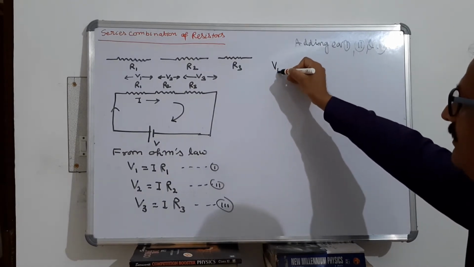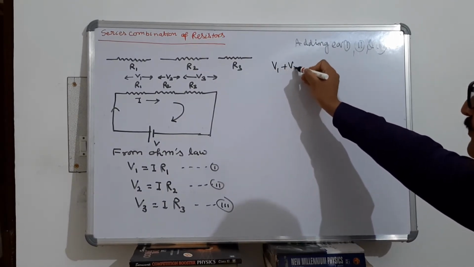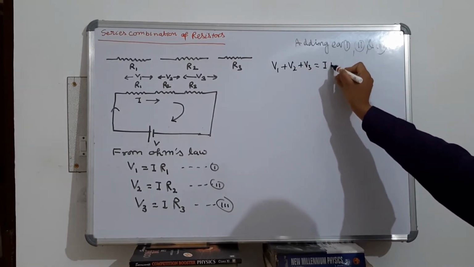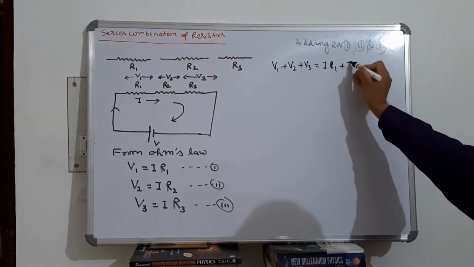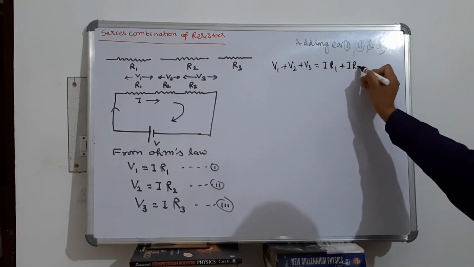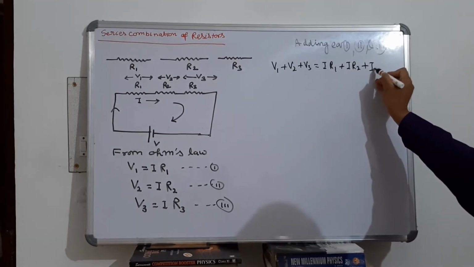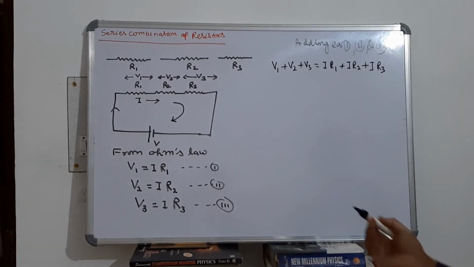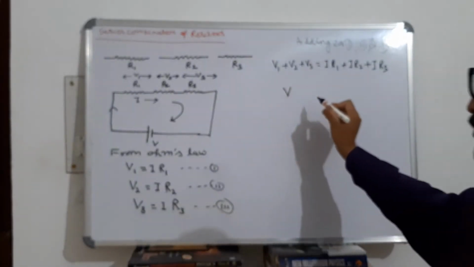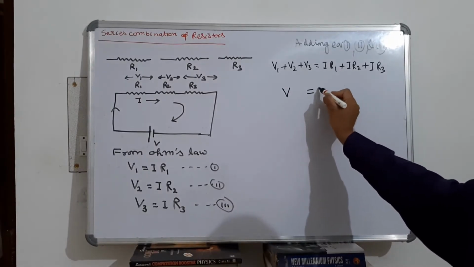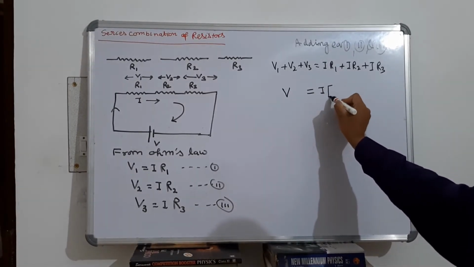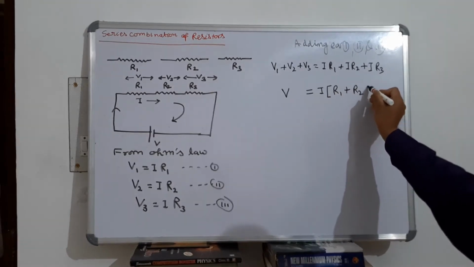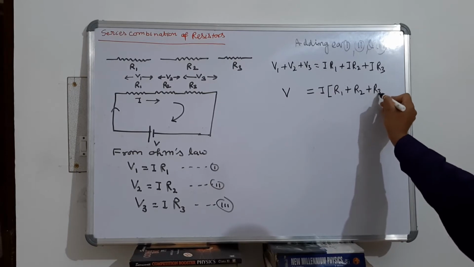Then V1 plus V2 plus V3 is equal to IR1 plus IR2 plus IR3. V1 plus V2 plus V3 is equal to V, the total potential. Therefore, V is equal to I, which is common, times R1 plus R2 plus R3.